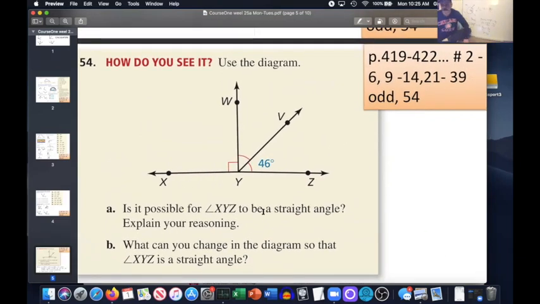Okay, now when you're looking at this problem, you might not have interpreted the geometrical symbols here. So when you have these 2 little curve markings, that implies those 2 angles are congruent. And that might not have been something that you realized.